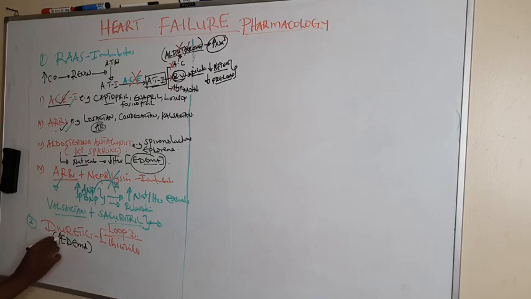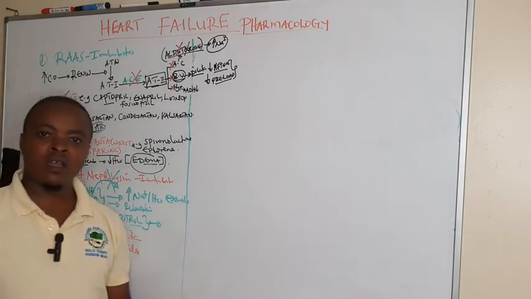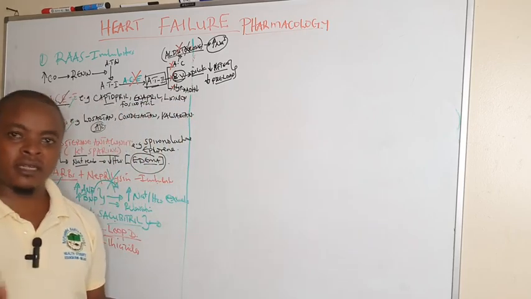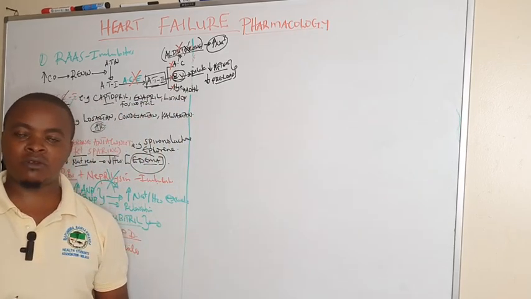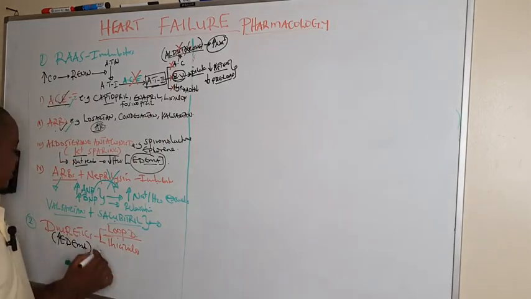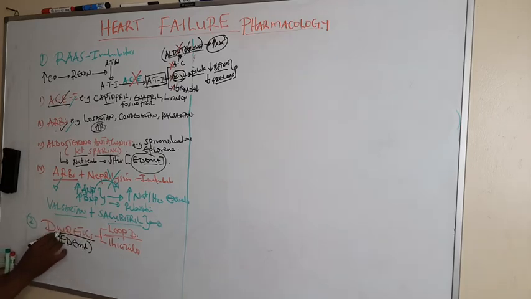So if a patient who has heart failure has peripheral or pulmonary edema characterized by shortness of breath, which we call dyspnea, and swelling of the lower limbs, you can treat them by giving diuretics first.